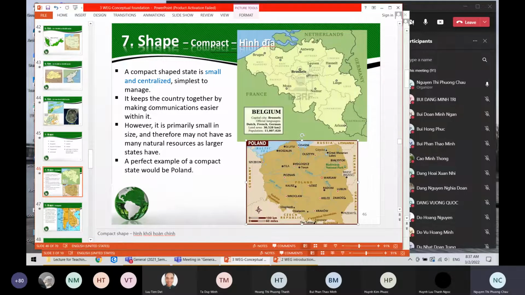With easier communication and a compact shape like this, we can find some other advantages. So what is the other advantage? With an area like this, it is easy to communicate, easy to connect, easy for trading and transport, for example, easy for trading within the nation, and small.